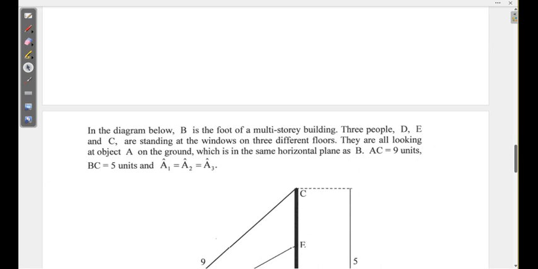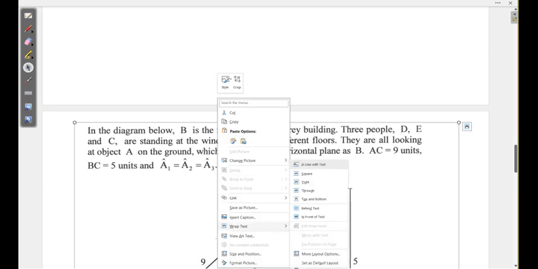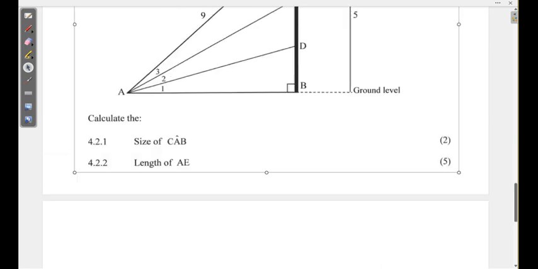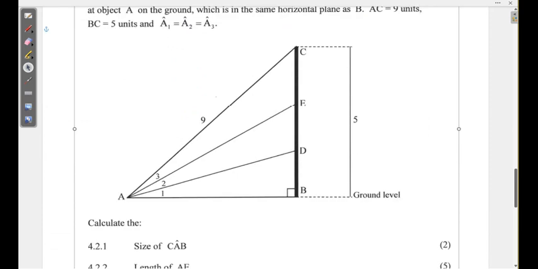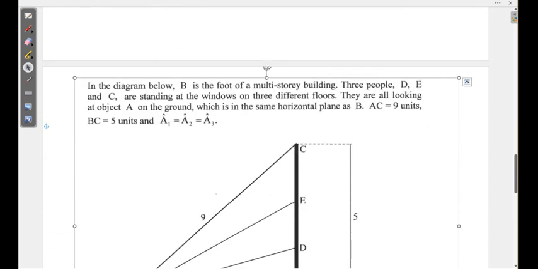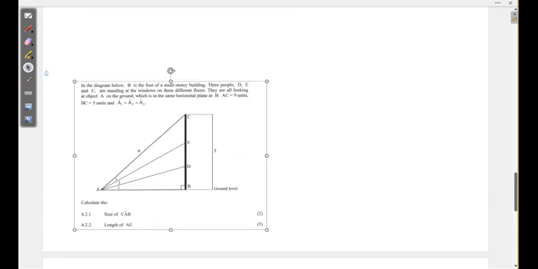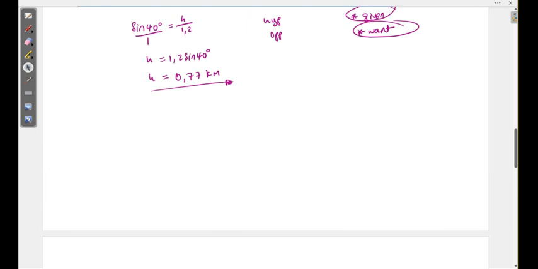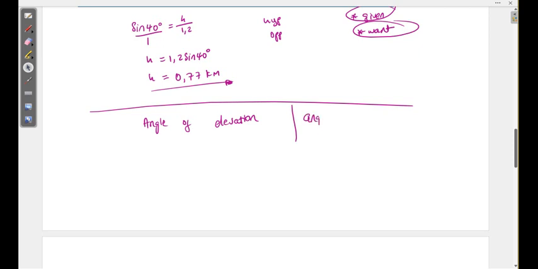Then the last question that I had for you guys would be this one. But it talks about something quite interesting. Now, before I can even show you, let's maybe talk a bit about the angle of elevation and then the angle of depression.